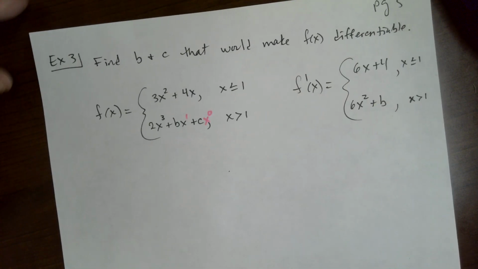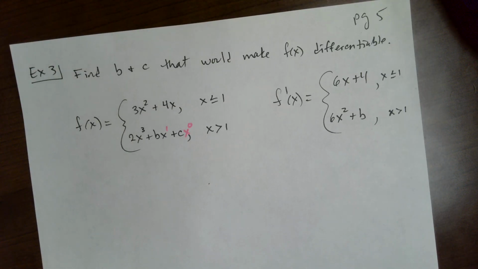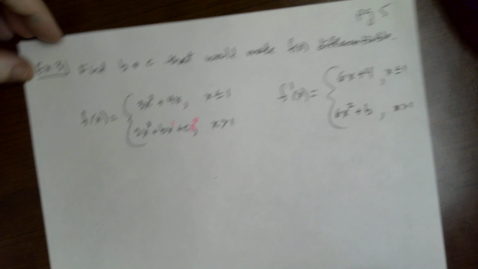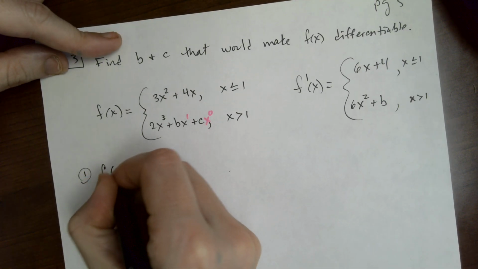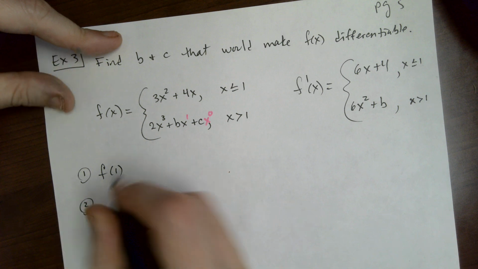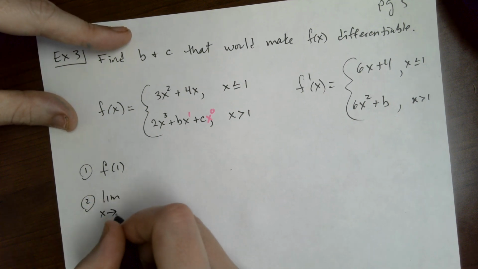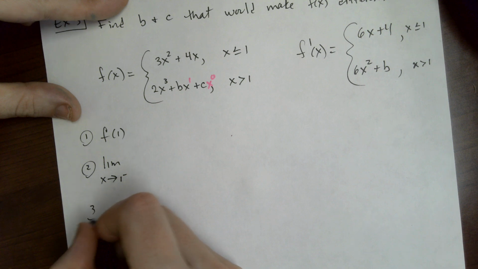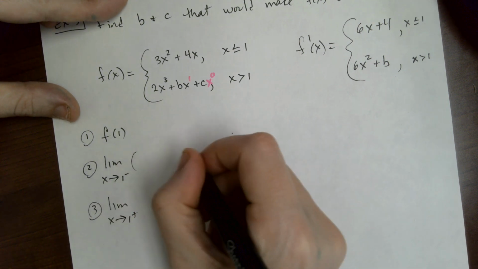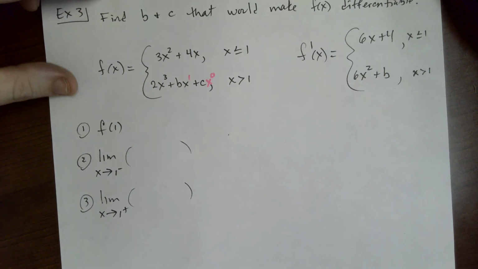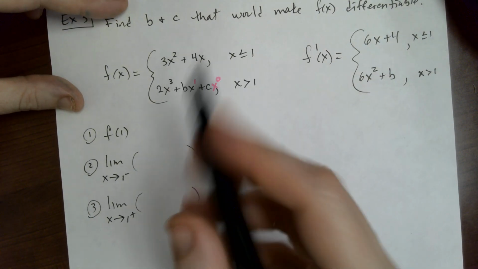Okay, now I'm going to do the 3-step continuity test for each of these, and then I'll get some equations that I could use. Okay, so first, f of 1. Second, limit as x approaches 1 from the left. Third, from the right. Okay, so f of 1, I'm going to plug it in up here.